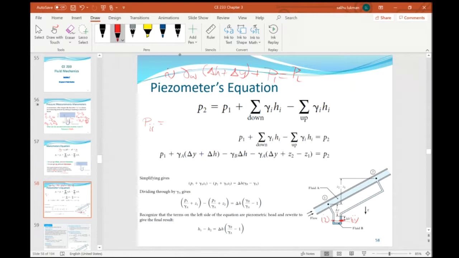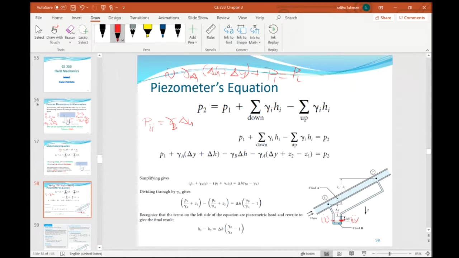First we have the fluid B, whose height is up to delta H. So we have gamma B. Here we can write, instead, gamma A, because it is called fluid A, which can be water from the pipe. For this right hand side, we have gamma B times the height, which is H. Then we have the height up to point 2.